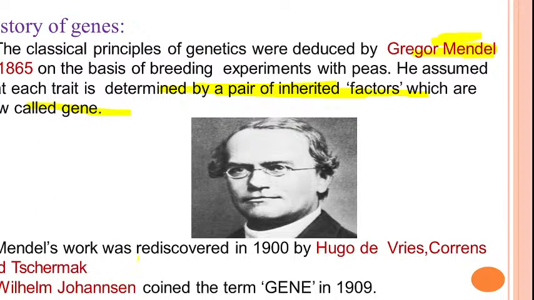His work was rediscovered in 1900 by Hugo de Vries, Correns and Tschermak. So these were the scientists who rediscovered the work of Mendel.